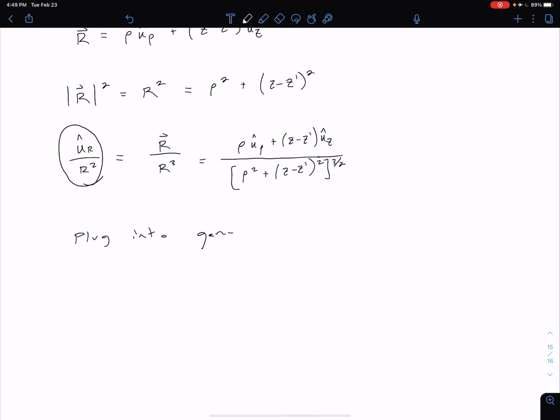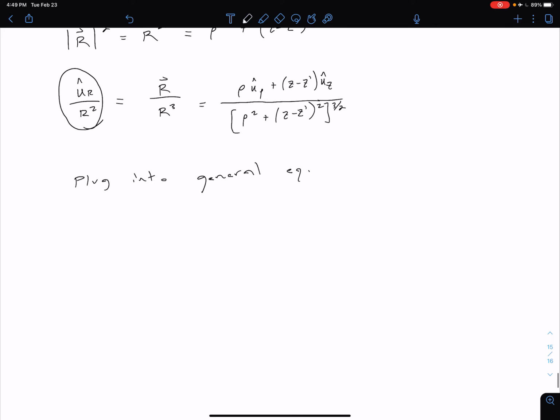And so this is our general equation from the previous video where we were talking about line charge distributions. So our electric field then is equal to the integral along the line of, and just to copy that equation here real quick, rho L dl divided by 4 pi epsilon naught r squared, unit vector in the r direction.